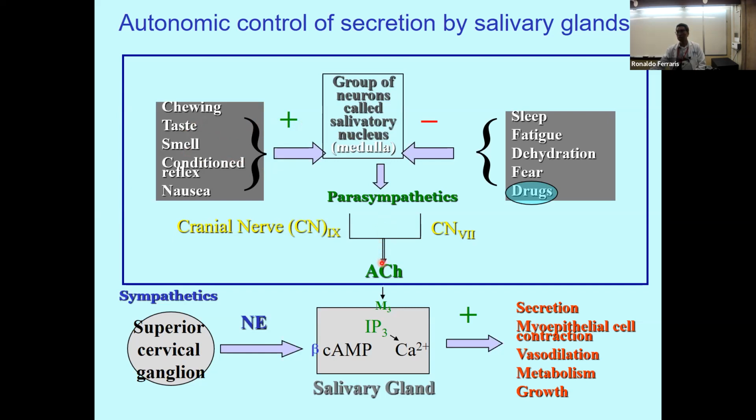If you want to cease salivation, for example, if you're dehydrated, if you're sleeping, you should not salivate. That's a grounds for divorce, right? So then you inhibit salivation when you're sleeping or when you're tired, and then these actions here will cease. So this is the main regulator of the parasympathetic system. It's the main regulator of your salivary glands.